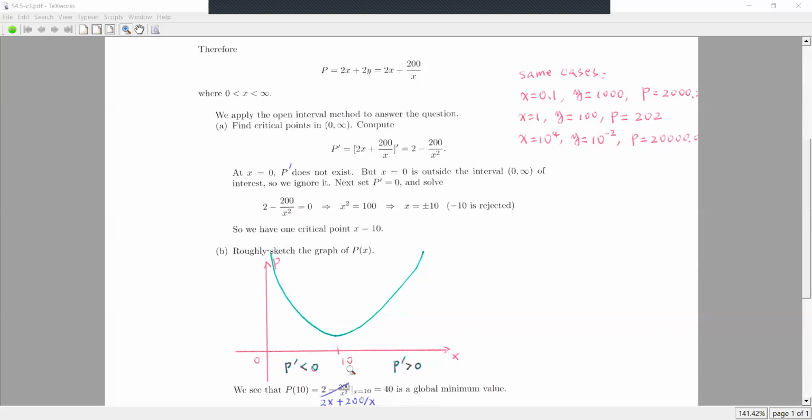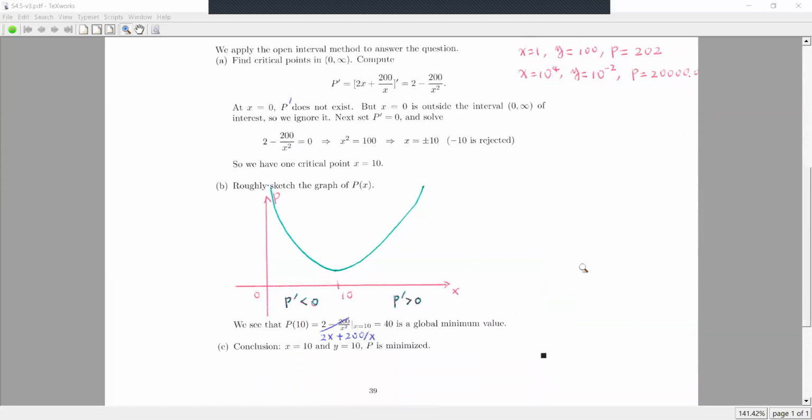Between the critical point 10 and infinity, arbitrarily pick a point, and then evaluate the derivative at the point. Then you will see that the derivative is positive. So the graph of P over this interval is increasing.